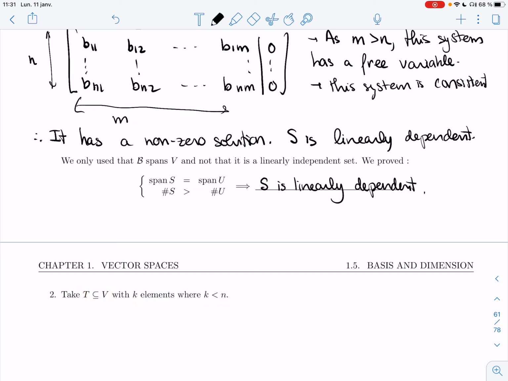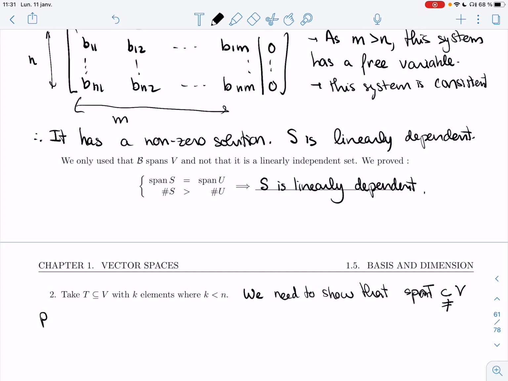All right, so we're going to show that the span of T is inside V but is not equal to V.